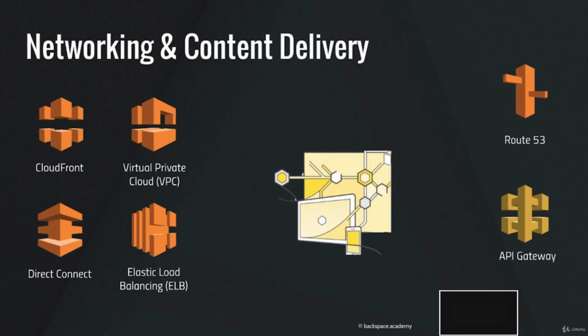It handles all of the tasks involved in accepting and processing up to hundreds of thousands of concurrent API calls. It's a serverless service, and as such, you don't need to worry about the underlying infrastructure. AWS looks after everything for you.